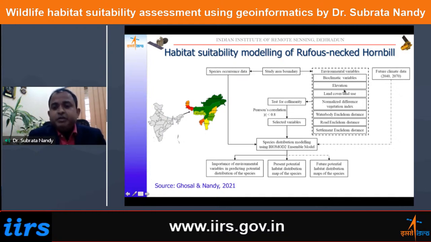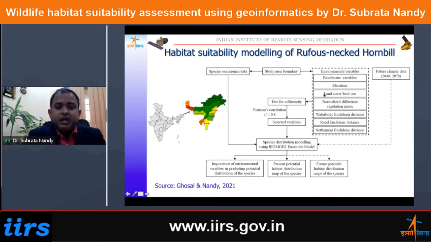As environmental variables in this case, we considered bioclimatic variables, as I mentioned, all the bio 1 to bio 19 variables. Then elevation, land use and cover, normalized difference vegetation index, distance from water body, distance from road, and distance from settlement. These were the environmental variables included in the study.